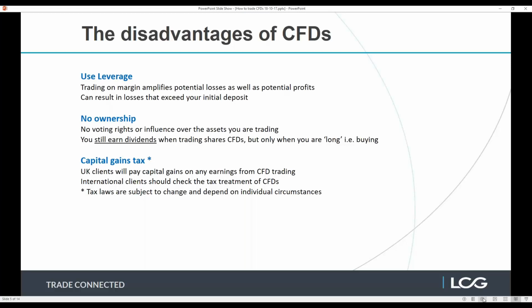I'm not a tax expert, but the flip side of that is if you do have some losses, then you can offset that against other investment winnings. So pros and cons. International clients, again, should probably check the tax treatment of CFDs, but my understanding is that most of the time you are paying capital gains, like any other investment, really. And, of course, tax laws are subject to change and depend on individual circumstances.